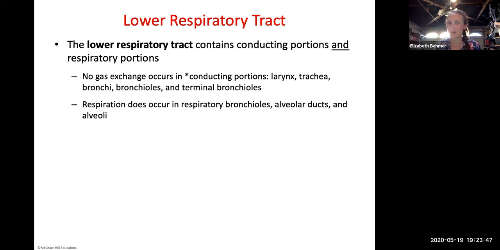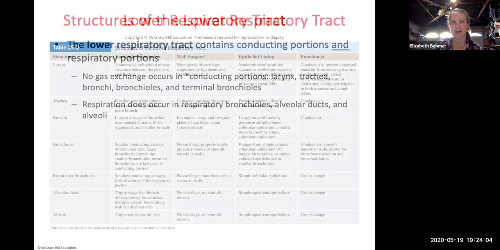I'll show you what those are. These are just passageways that air travels into your lungs. The gas exchange will occur in the respiratory bronchioles, the alveolar ducts, and the alveoli. And I will go through what those mean in a second.